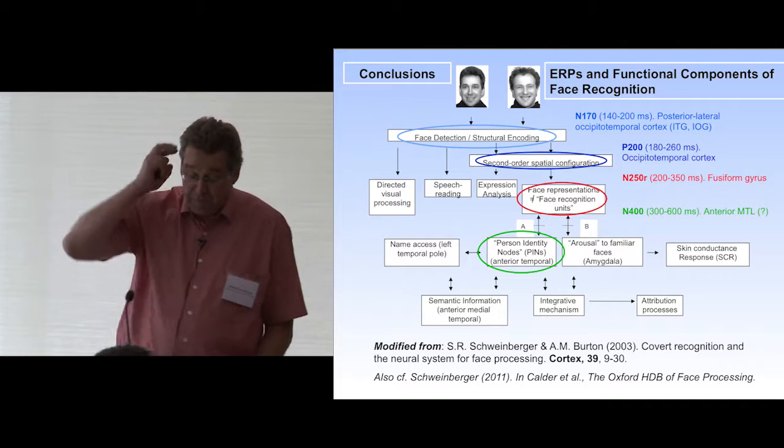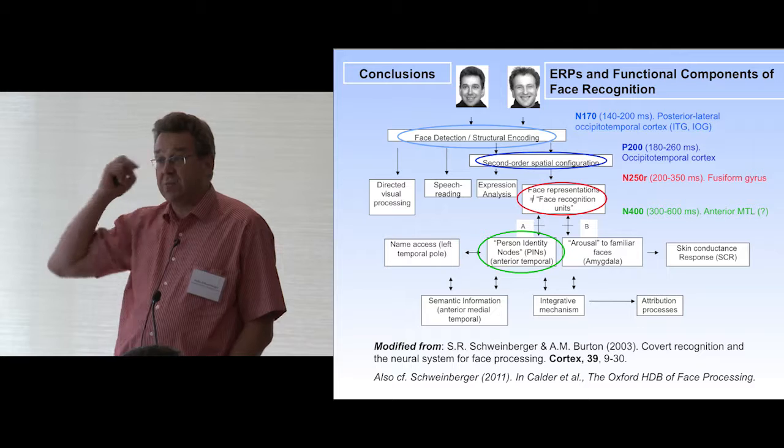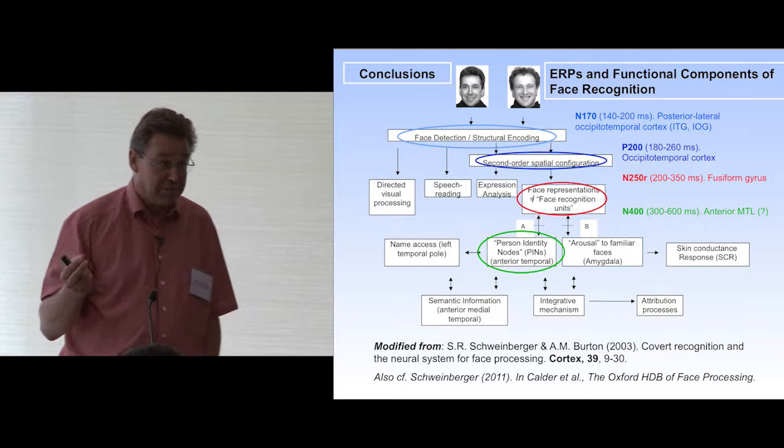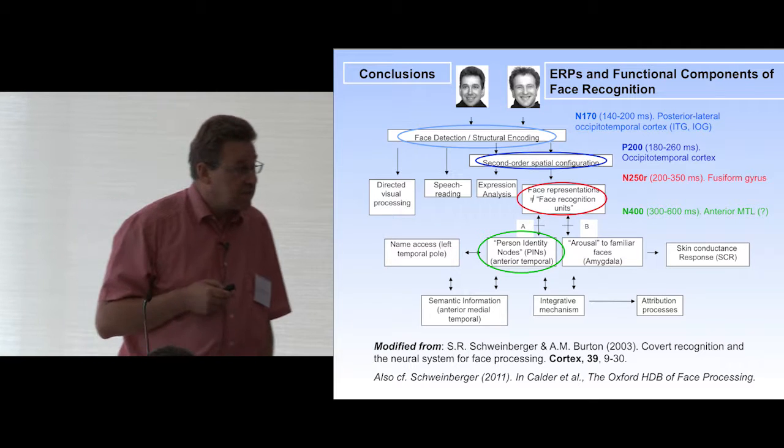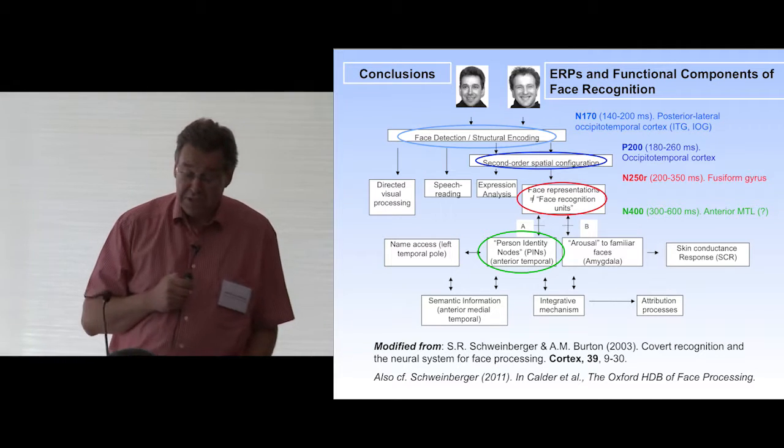But instead, we need to study the specific way in which a whole variety of ERP components and other neurophysiological phenomena reflect different sub-processes in face and in person perception.